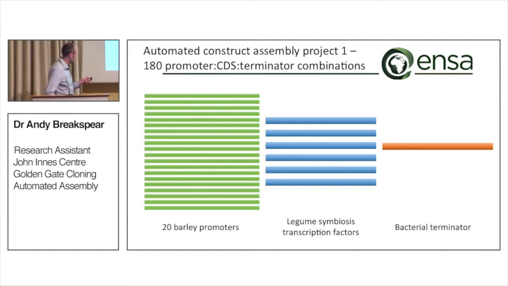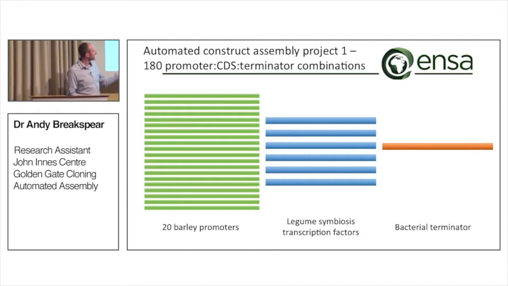This is just a brief description of the very first project that we ran using our robots. So as I said before, we're taking genes that occur in a legume and that we know are important for forming the symbiosis with the bacteria. And we're transferring those genes into a cereal crop, into barley in the first instance.